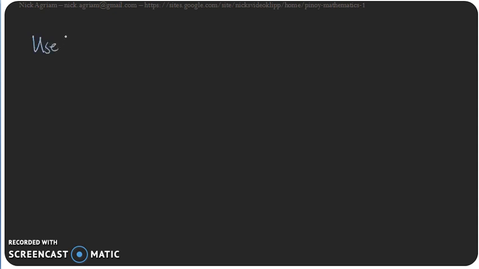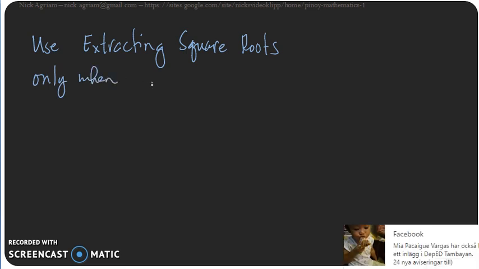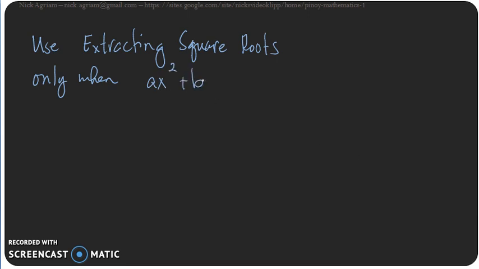So use extracting square roots only when ax squared plus bx plus c is equal to 0, such that b is equal to 0, so that ax squared plus c is equal to 0. You can only use this, or else you cannot use it.